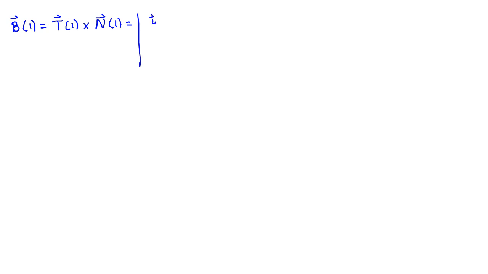So I'll have an i, a j, and a k. My unit tangent vector was 0, 1, 0. My unit normal vector was negative 1 over root 2, 0, and negative 1 over root 2. So the part with the i would use the 1, the 0, and the negative 1 over root 2.